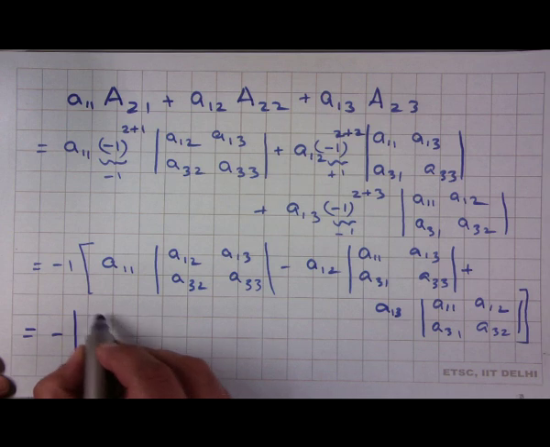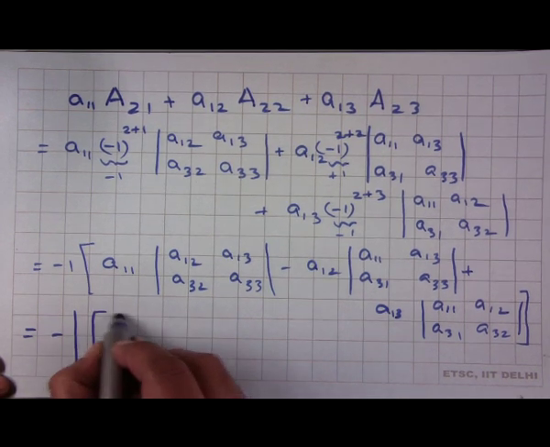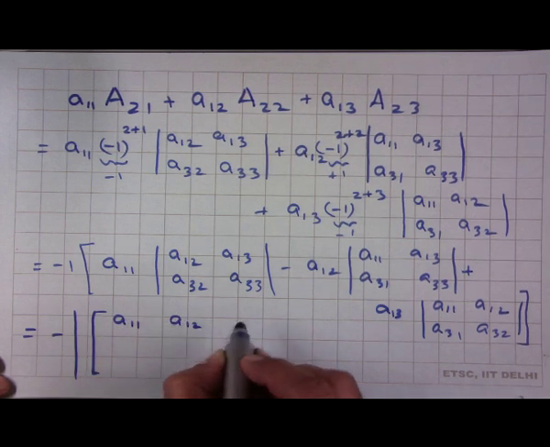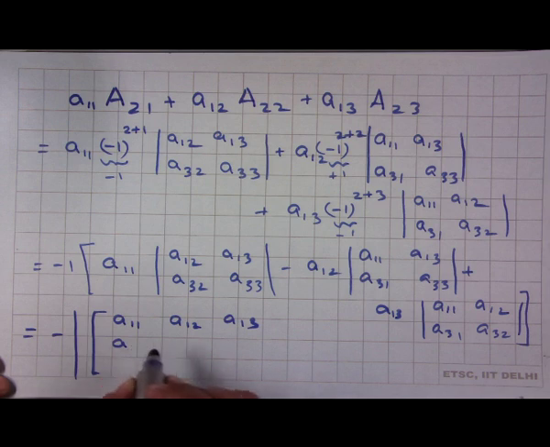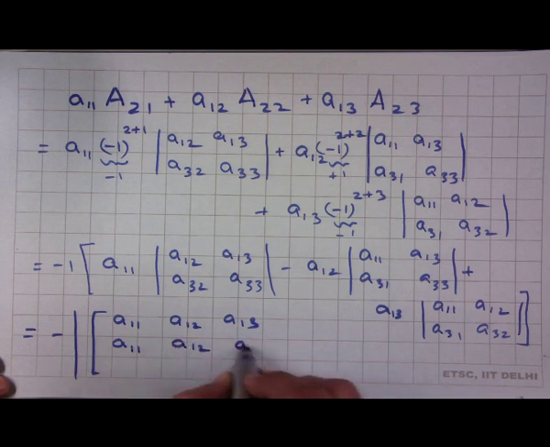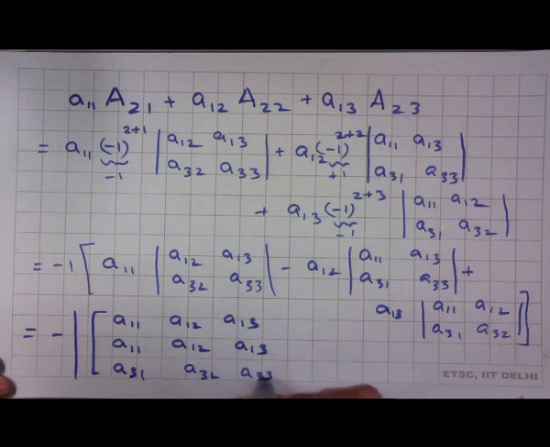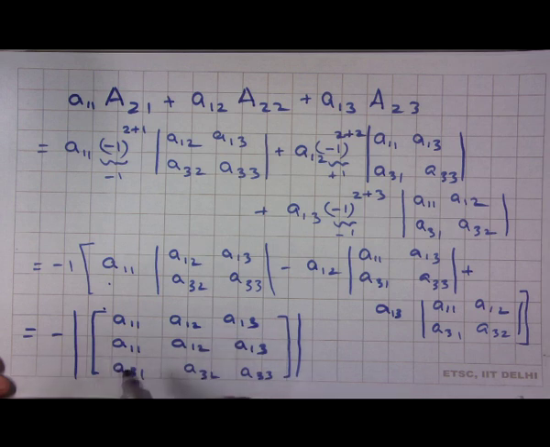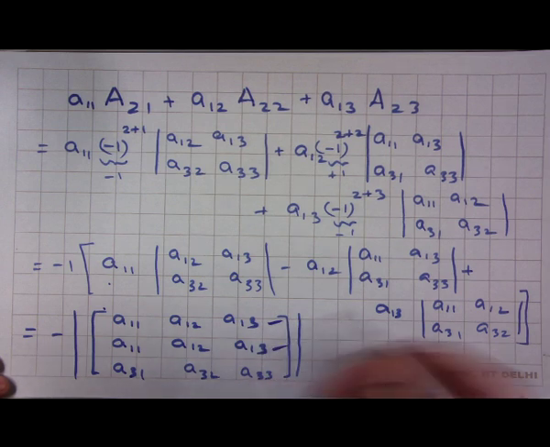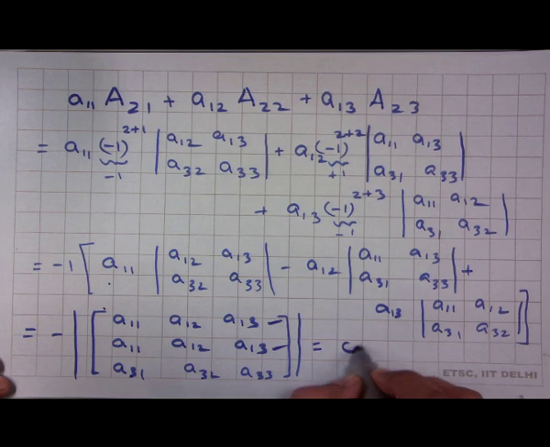If I say this is the determinant of a matrix with rows A11, A12, A13; A11, A12, A13; and A31, A32, A33, the step from here to here was by just expanding along this row. What we see here is that there are two identical rows, and from the previous property we know that this determinant is 0.